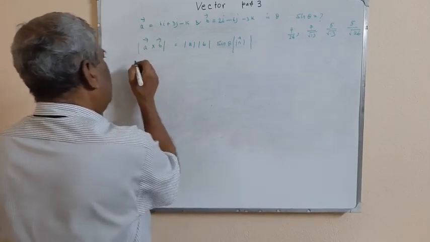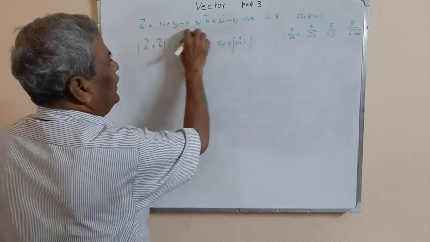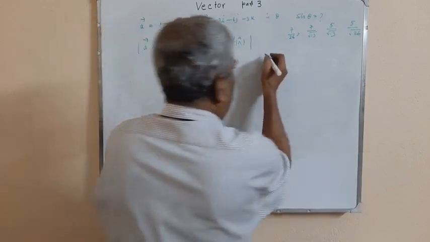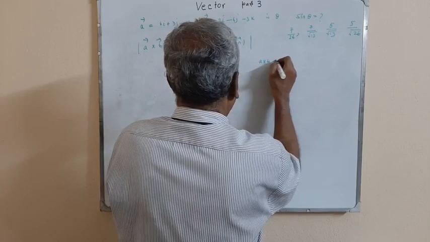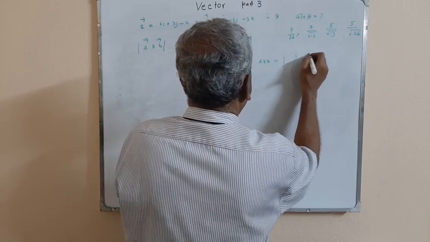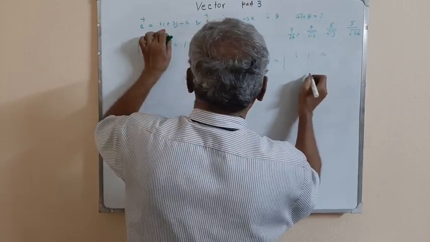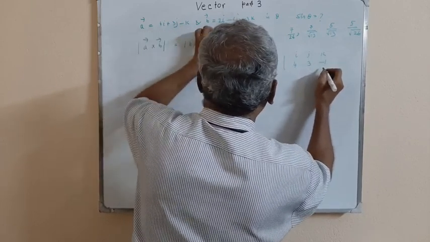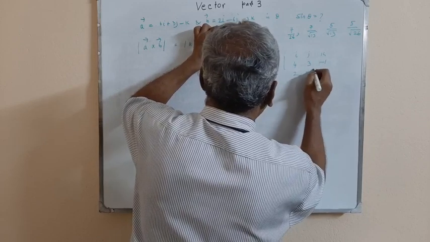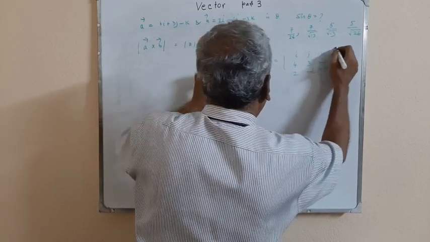A cross B can actually be calculated from this. I separately calculate A cross B. It is equal to the determinant i, j, k, 4, 3, minus 1, 2, minus 6, minus 3.